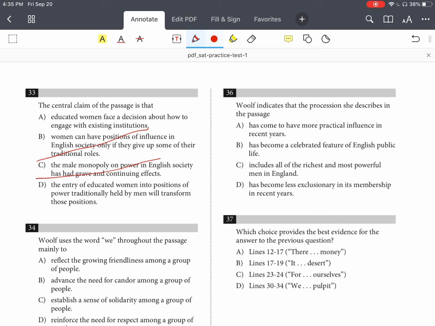So B, Woolf never mentions women giving up traditional roles, and she has less to say about the male monopoly on power and more to say about what opportunities women now have. And so the letter D looks close, but she doesn't talk about how women's entry into roles will change the roles. She says more about the decisions that women have with these new opportunities.